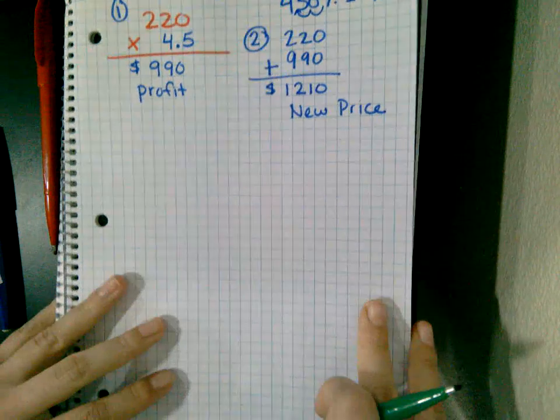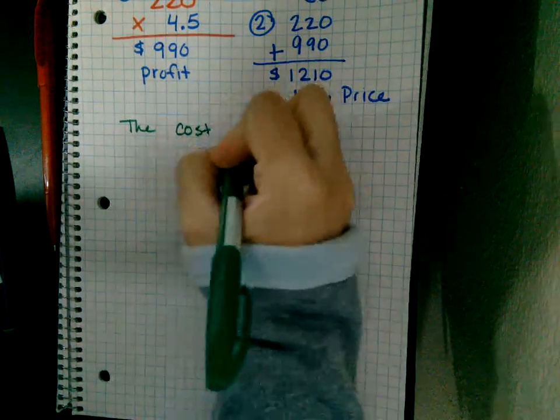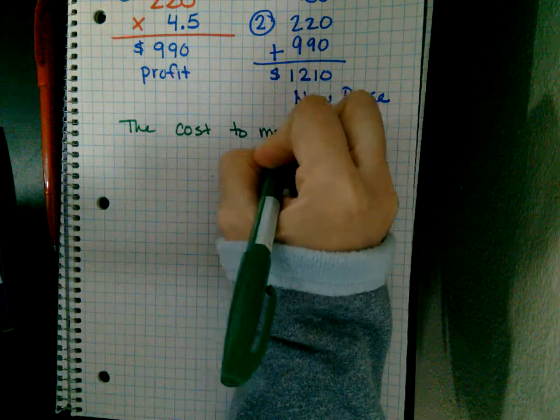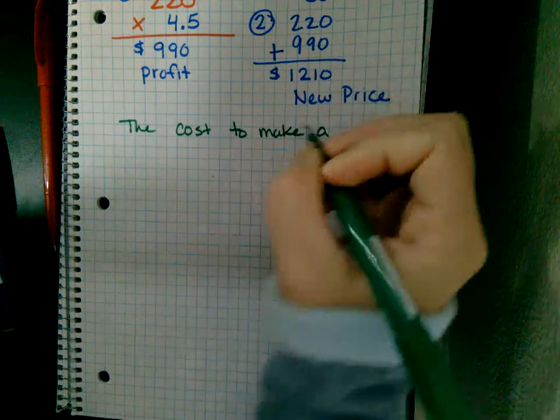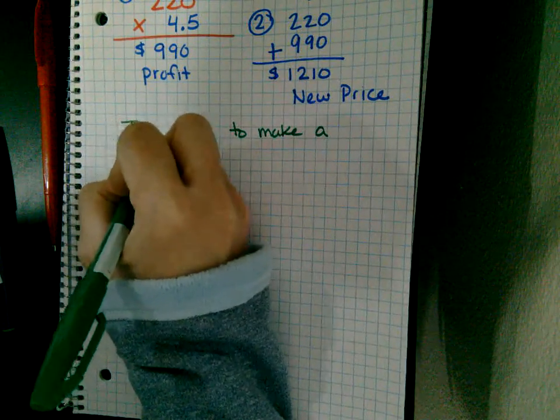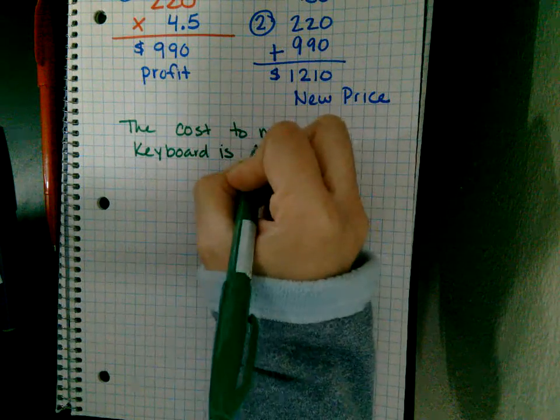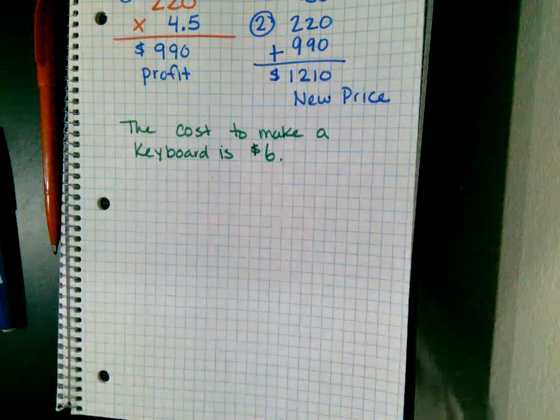Let's say the cost to make a keyboard is $6.